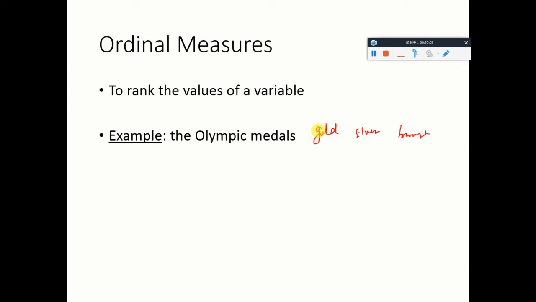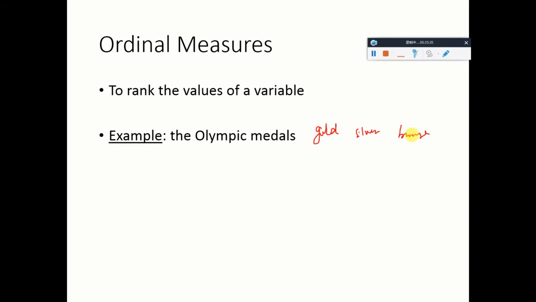First of all, we can immediately see that these three categories form a nominal measure. A person that has won a gold medal cannot at the same time be awarded a silver medal. Similarly, someone who has gained a bronze medal cannot at the same time obtain a gold medal.